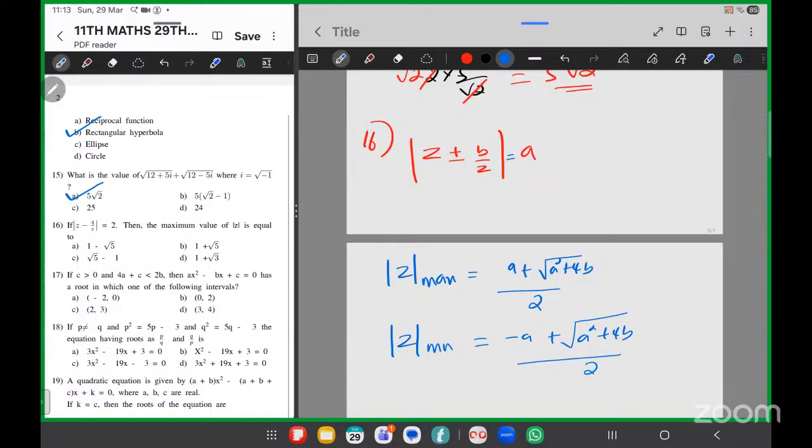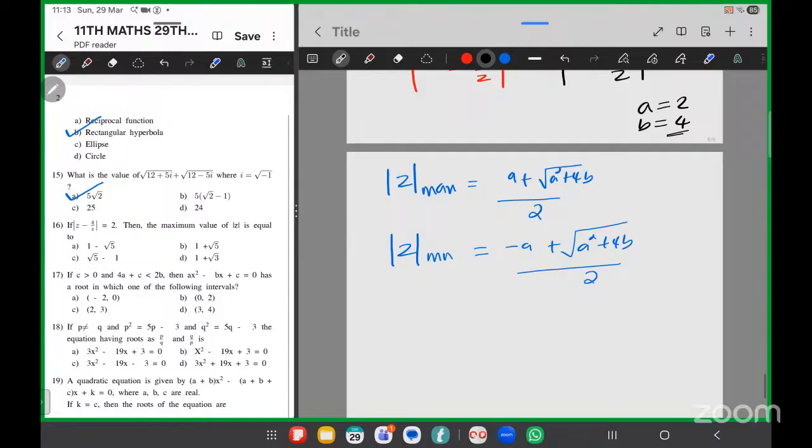So when you compare with our question, mod of z minus 4 by z equal to 2 means a equal to 2 आएगा, b equal to 4 आएगा. So इधर हमको क्या चाहिए? Maximum value चाहिए. So you can put here a become 2. 2 plus under root of a square is 4 plus 4 into b is 4 divided by 2.